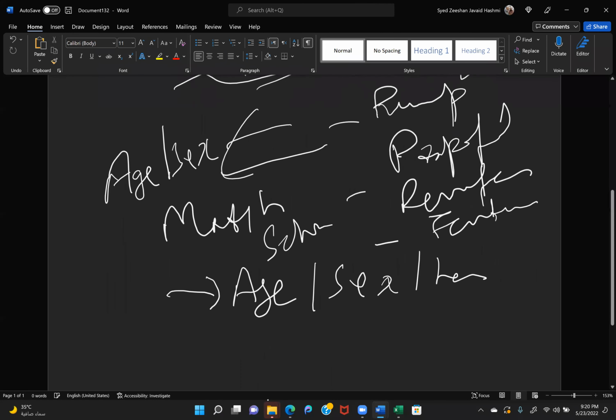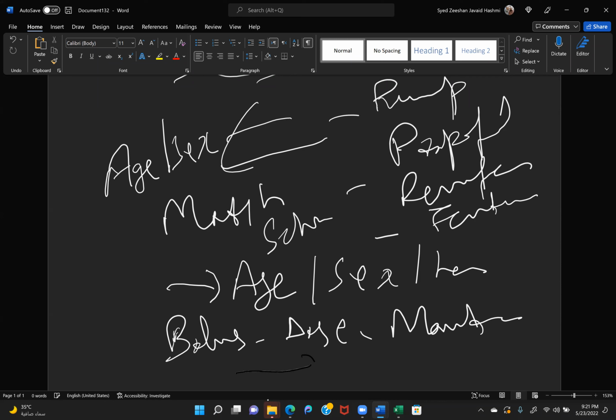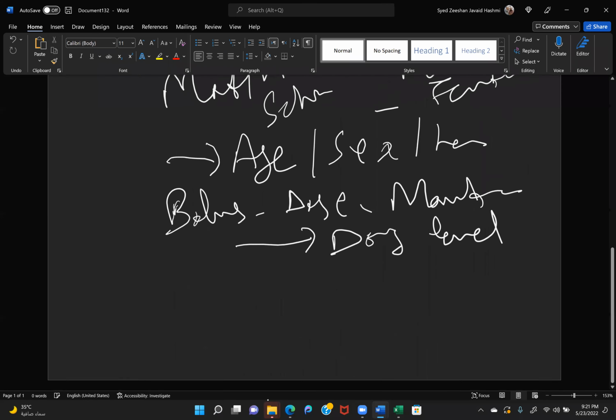Then there is a specific model whose purpose is to give a bolus dose and a maintenance dose to maintain drug levels in the blood, and they work on a 3-compartment model.